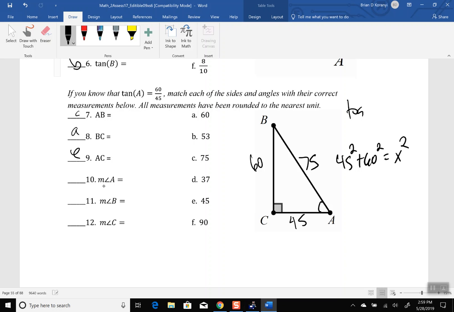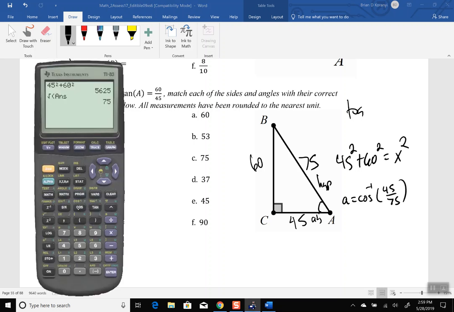The measure of angle A, let's see, I could do the adjacent and the hypotenuse. So cosine would be adjacent over hypotenuse, so inverse cosine of adjacent over the hypotenuse. Gets you 53.13 degrees, or 53.